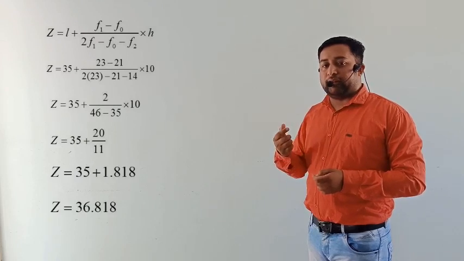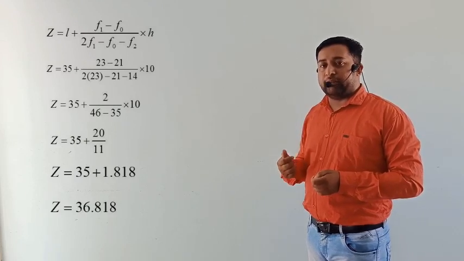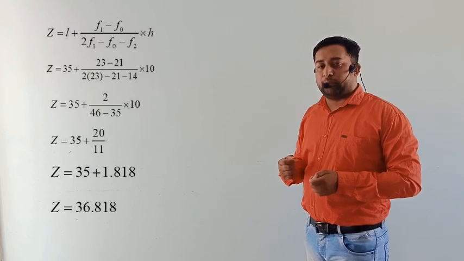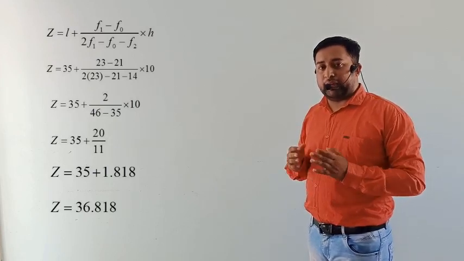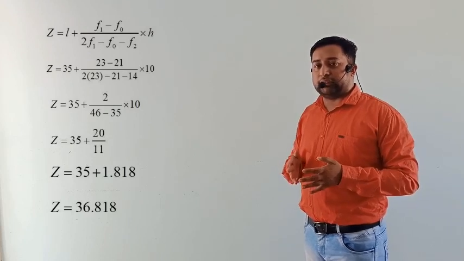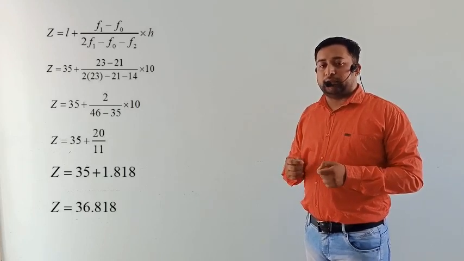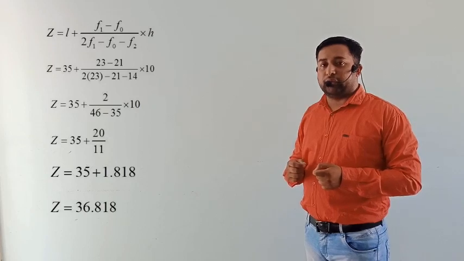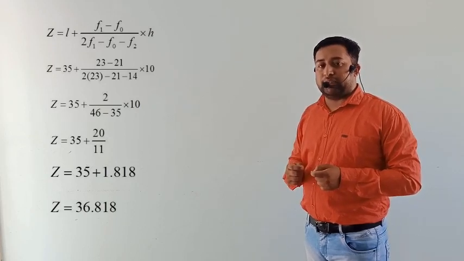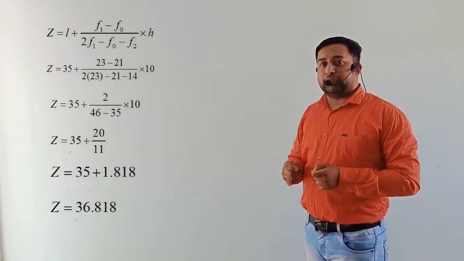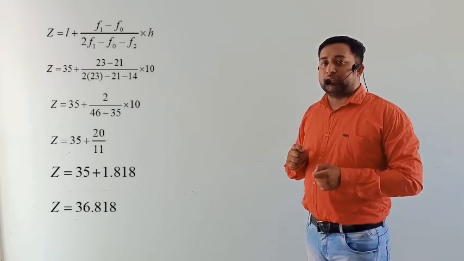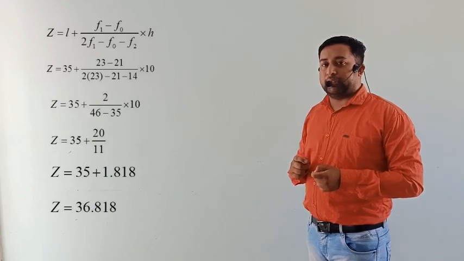Now 20 divided by 11 will give you 1.81. Now adding 1.81 with 35 will give you your Z, meaning mode, as 36.81. So here your mode is 36.81.